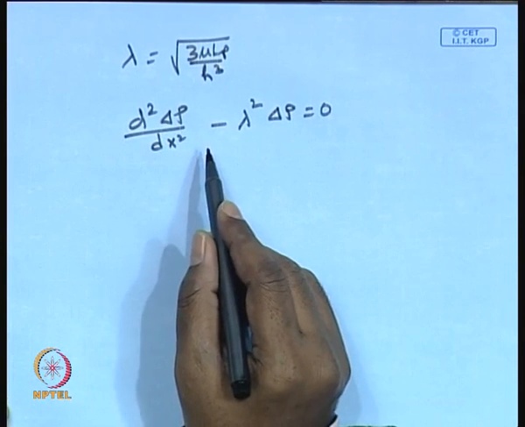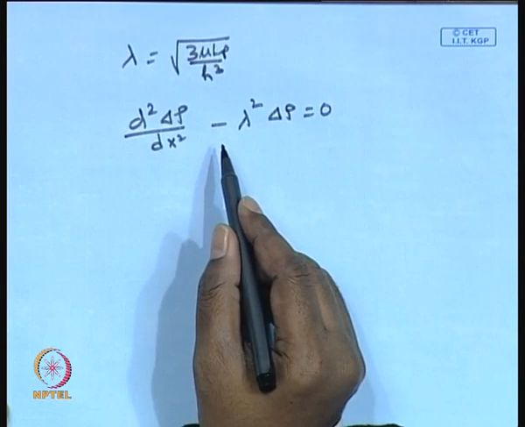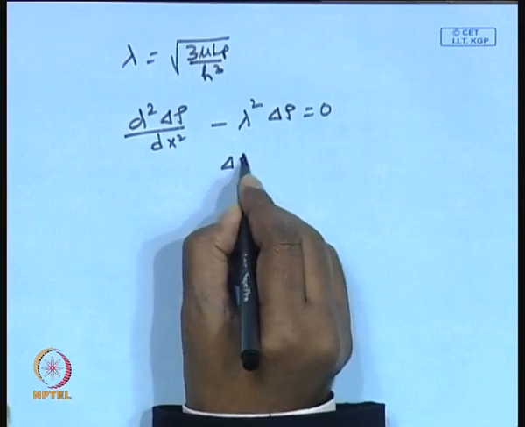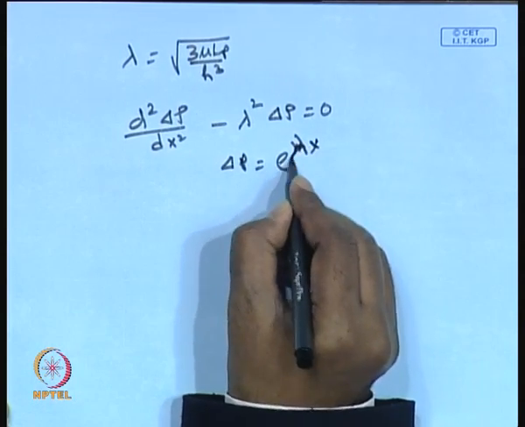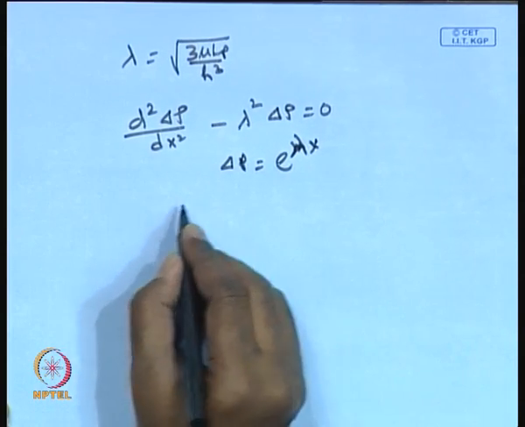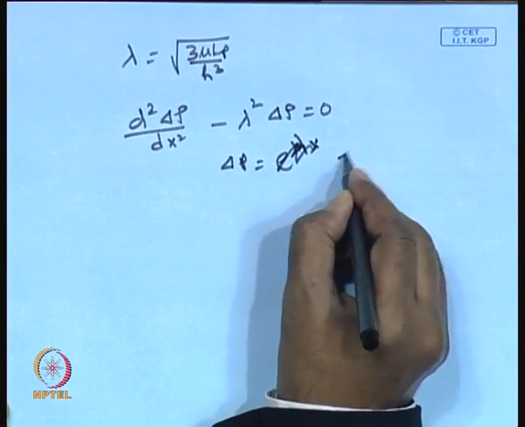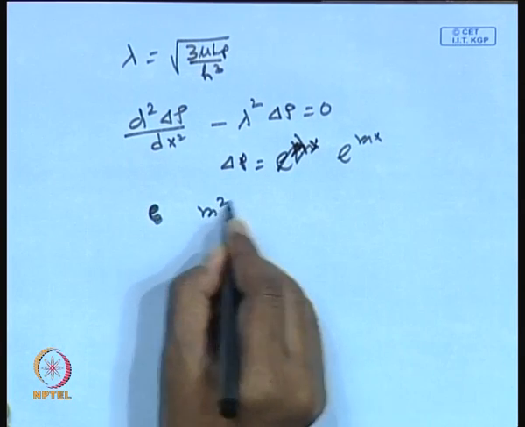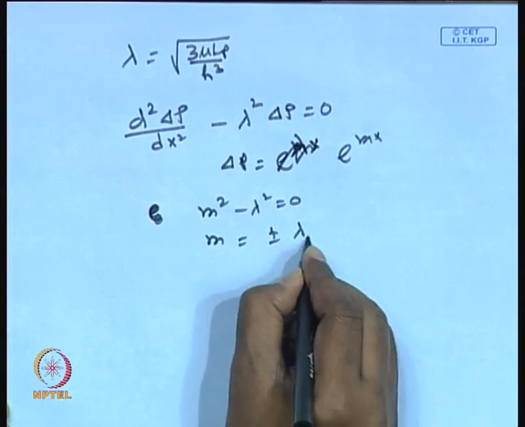Now, this is a second order ordinary differential equation with a solution in the form of e to the power mx, and you will get a characteristic equation m square minus lambda square equal to 0, so m will be plus minus lambda.